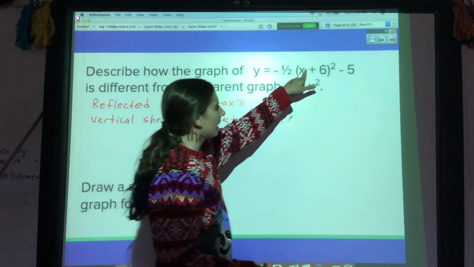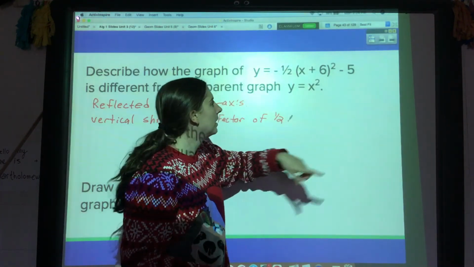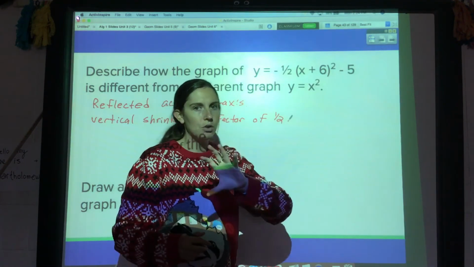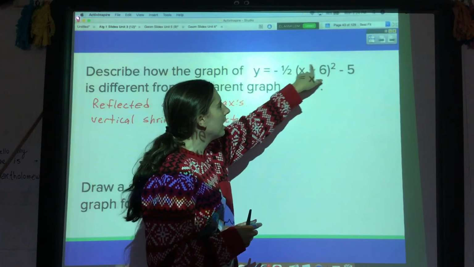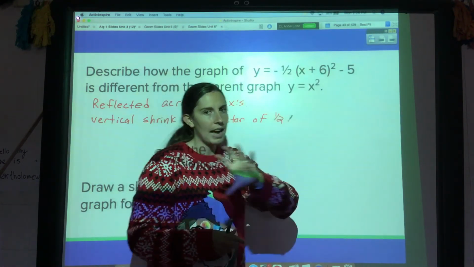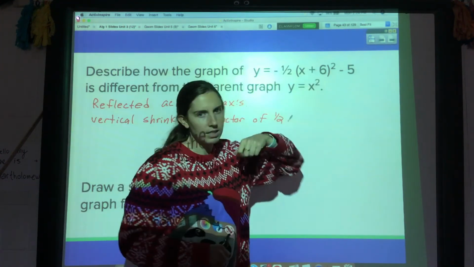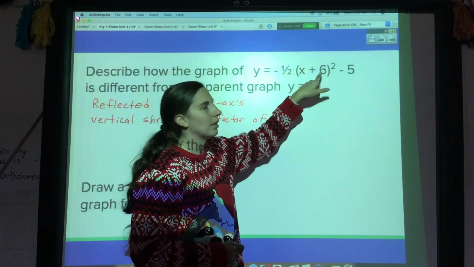Next, I've got x squared. That's just part of the parent graph, so we don't need to do anything with that. Then I have a +6 here. This is going to shift the graph, translate it. It's right in there with the x, so this moves it in the x direction, either left or right. And remember, the one in parentheses does the opposite of what you would expect. Rather than going right 6, it actually goes left 6.